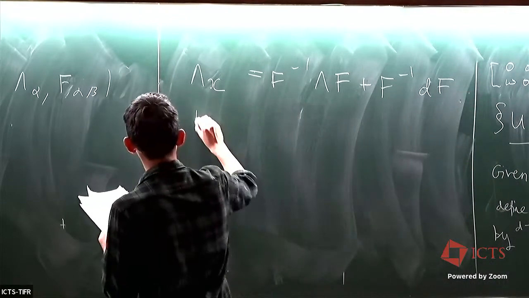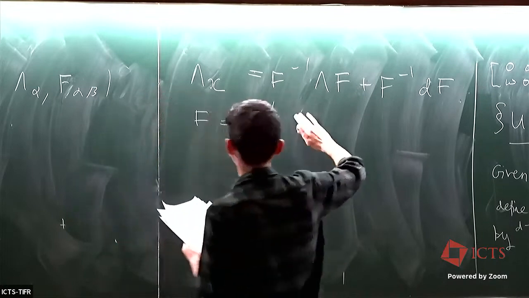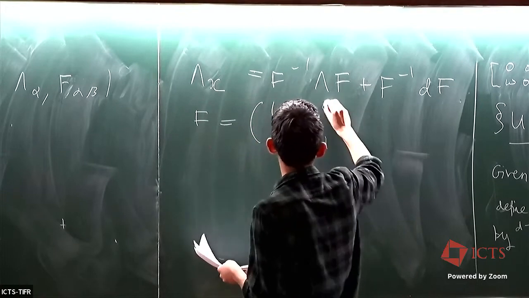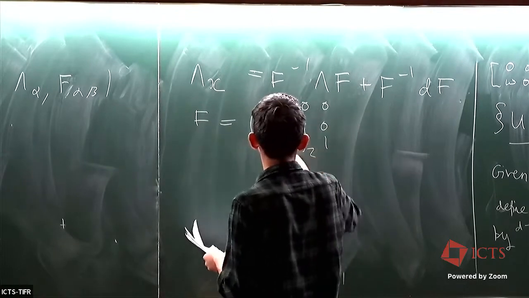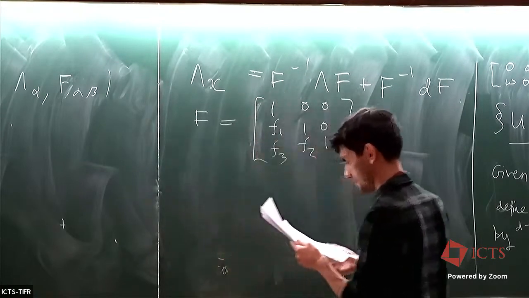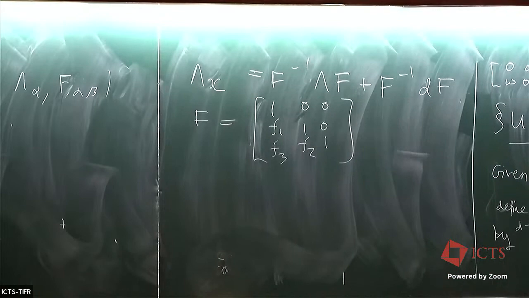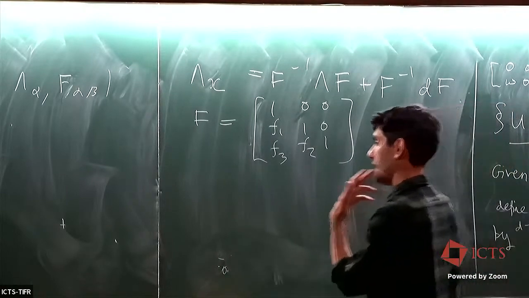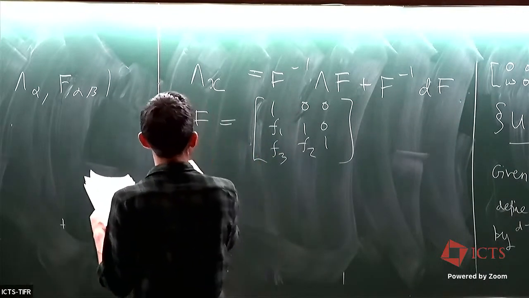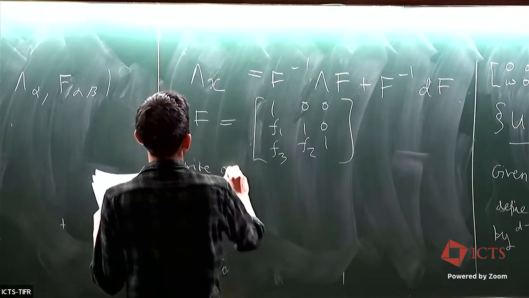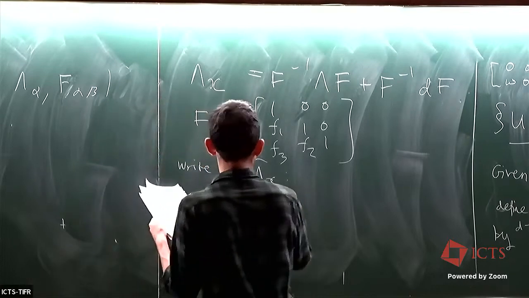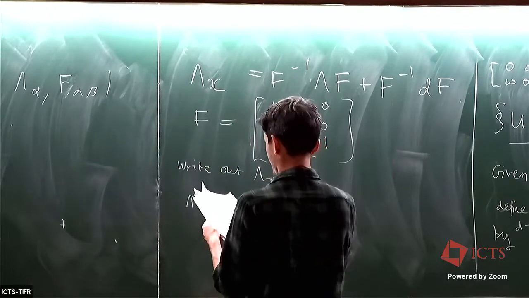So for this to be a unipotent connection on the whole of X, we need f to be of this form, where these are some functions which are now allowed to have poles at x. And then we can actually just write out what lambda x is. If I didn't mess it up, it's this.